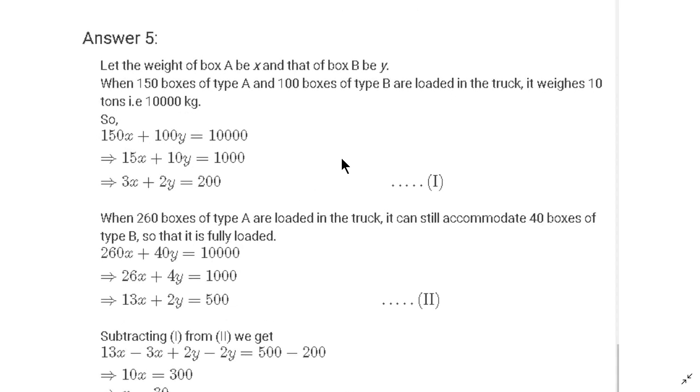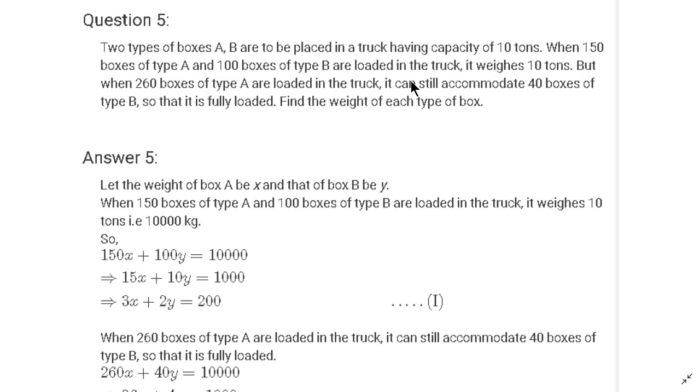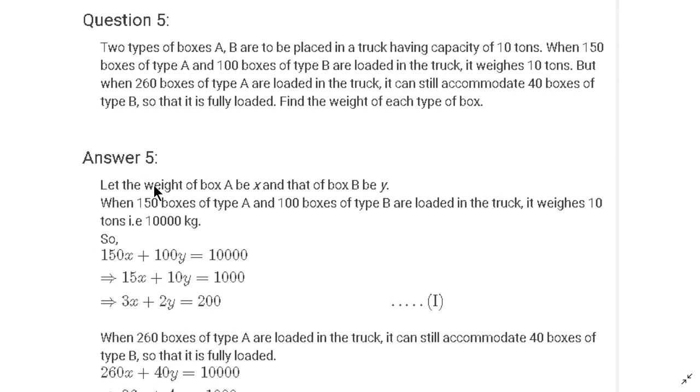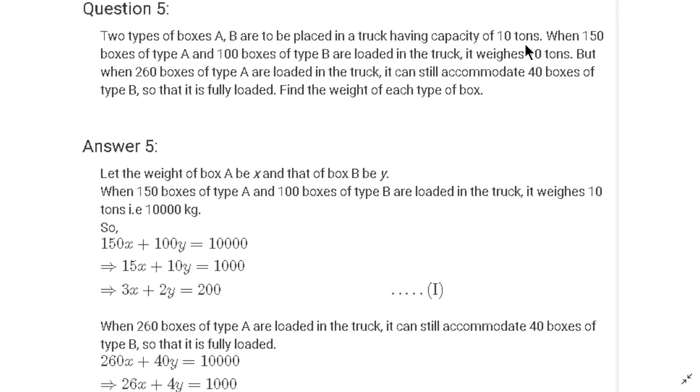Now, what was the second condition? When 260 boxes of type A are loaded into the truck, it can still accommodate 40 boxes of type B, means 260x plus 40y is also equal to 10,000.